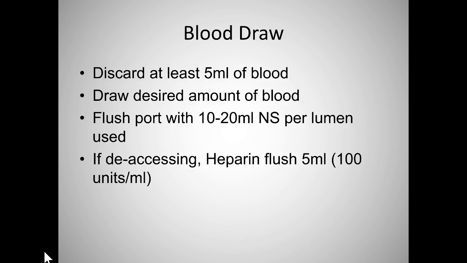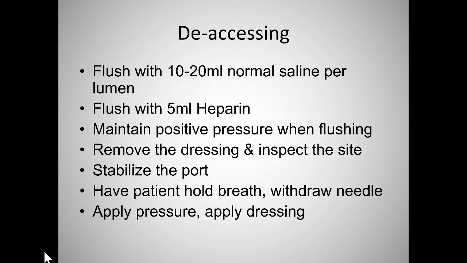When drawing blood, you should discard at least 5 mLs of the initial blood draw. You should then draw the desired amount of blood and then flush with 10 to 20 milliliters of normal saline per lumen that was used. And then if you're deaccessing the port, you should flush with 5 mLs of 100 units per milliliter of heparin. When deaccessing a port, once again, you want to flush with 10 to 20 milliliters of normal saline per lumen.